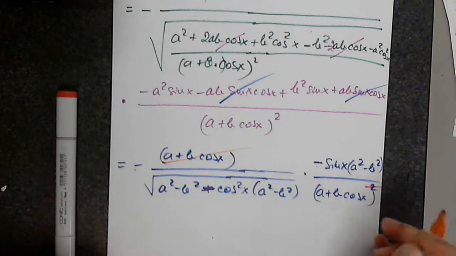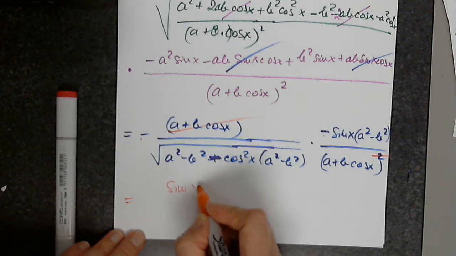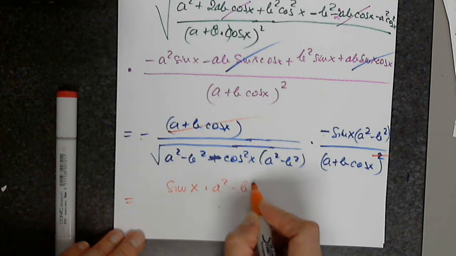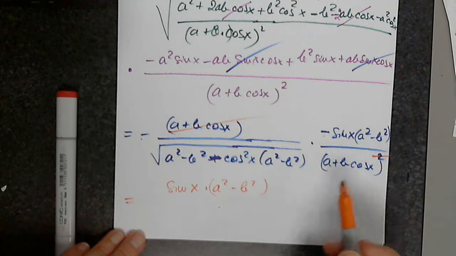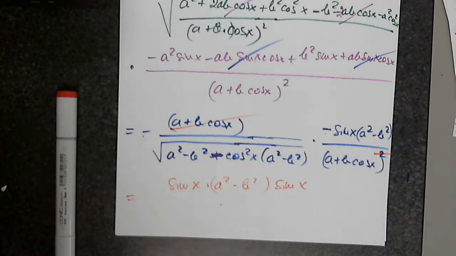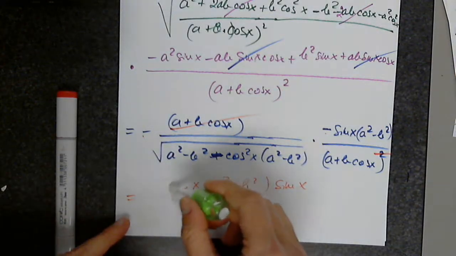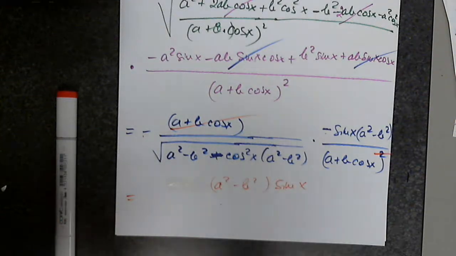One of these will go away. So then the top is sine x times a squared minus b squared. I should have put it reversed, and I'm going to. I'm going to erase the sign from the front. We don't like to put anything behind the square root, because it may be confusing.